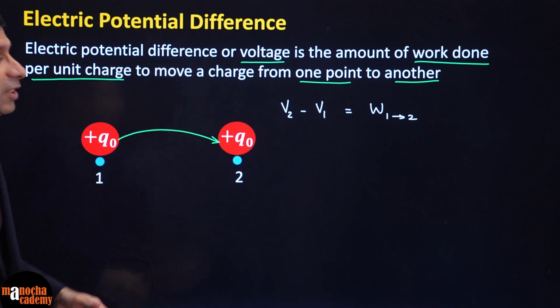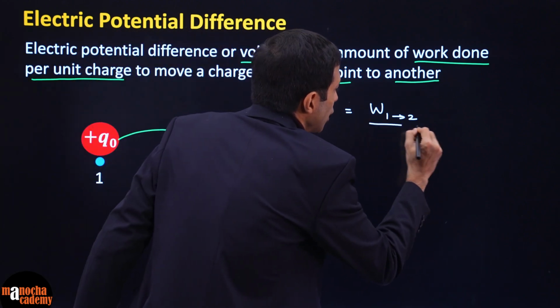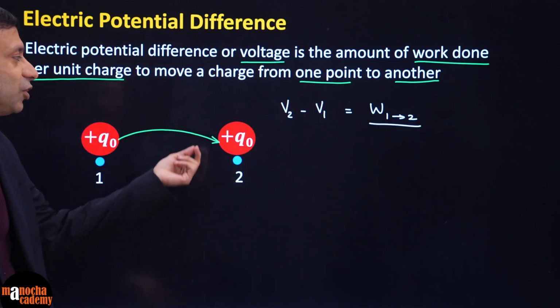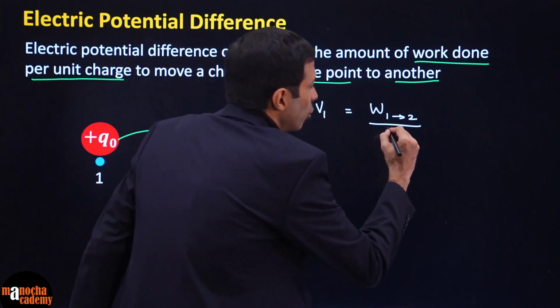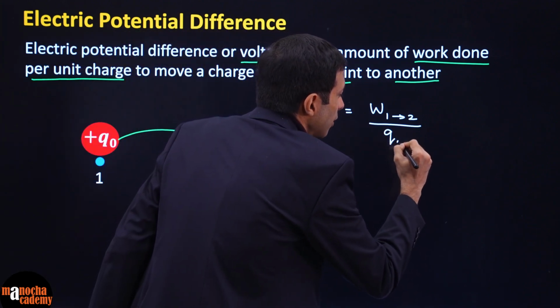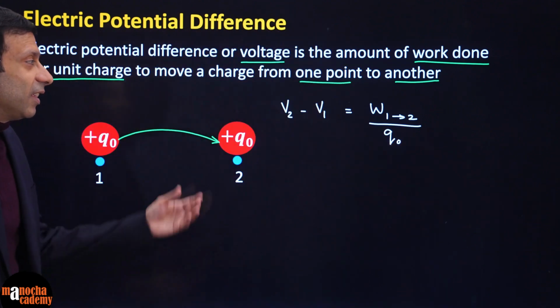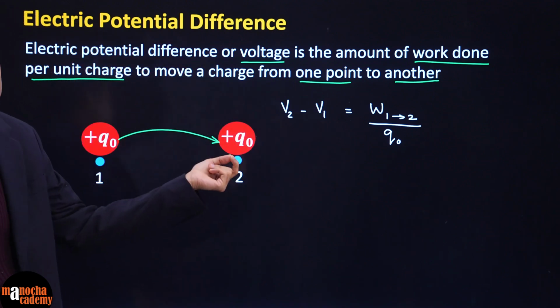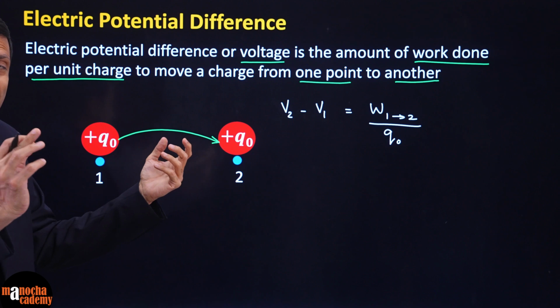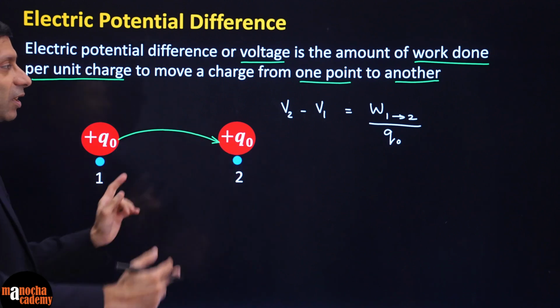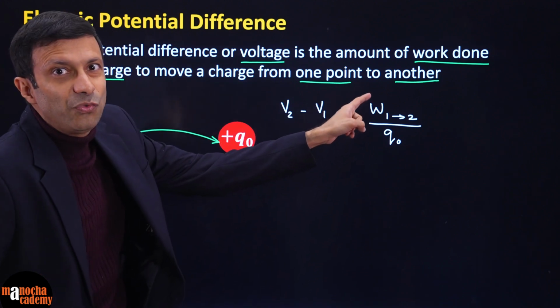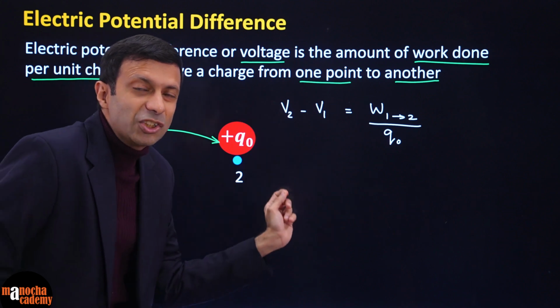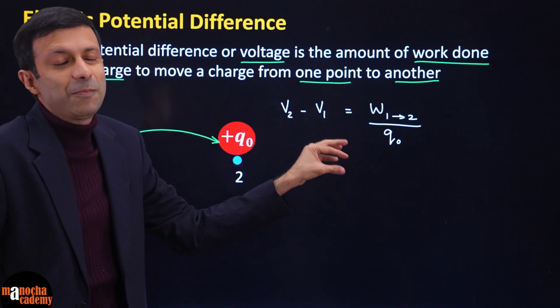Per unit charge means you divide by the amount of charge, and in this case the charge is Q naught. That's it. This is the definition and the formula of electric potential difference. Difference means you're comparing 2 points. So V2 minus V1 is the work done in moving the charge from 1 to 2 divided by Q naught.